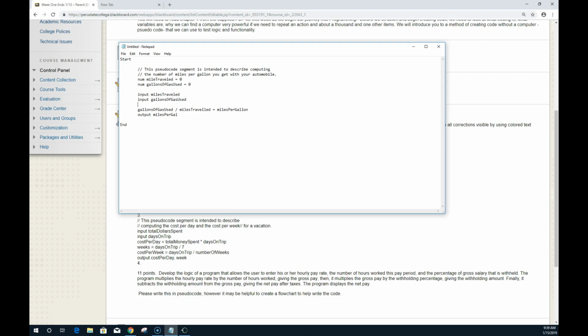So really what we need is miles per gallon is equal to something. And we hope that it's actually miles traveled divided by gallons of gas used.